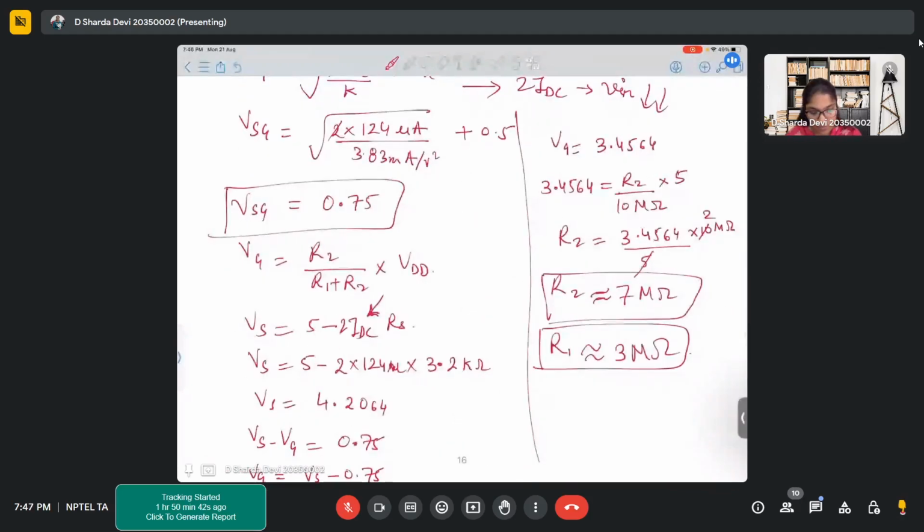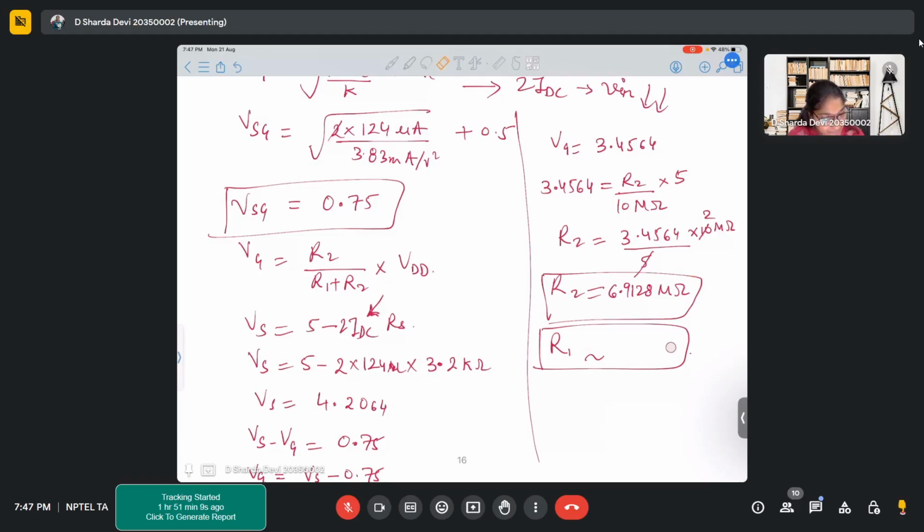So 3.4564 into 2, I'm getting 6.9128 mega ohms.